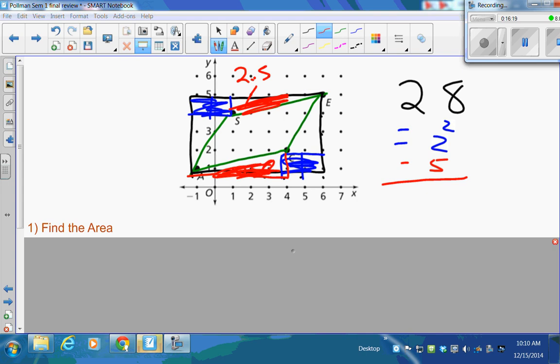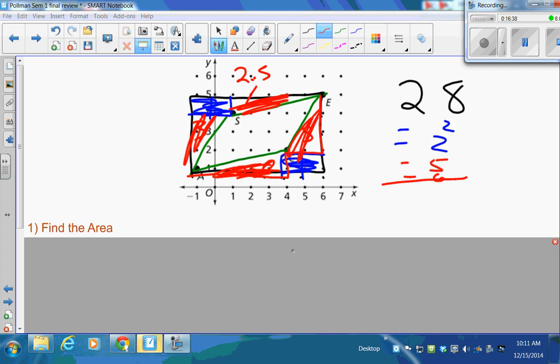Last one I'm also going to do in red is this triangle, 1, 2, 1, 2, 3. 2 times 3 is 6, divided by 2 is 3. That one's 3, which means that one's 3. When I put that together, I can minus 6 more. And I just knocked out all of my triangles.